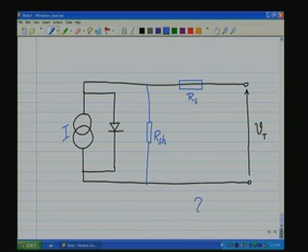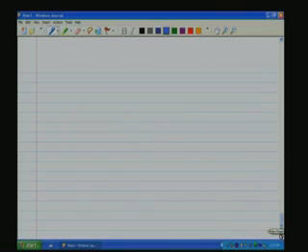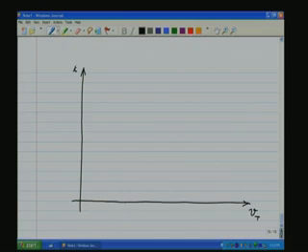Then what is the VI characteristic of such a cell or such a source? Okay. So, let us have a look at the VI characteristic of such a source. Let us first draw the axis. Y axis represents the current I or the terminal current of the photovoltaic cell. I told you just now that the photovoltaic cell or the solar cell behaves both as a current source and a voltage source.